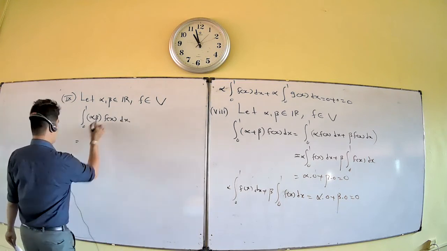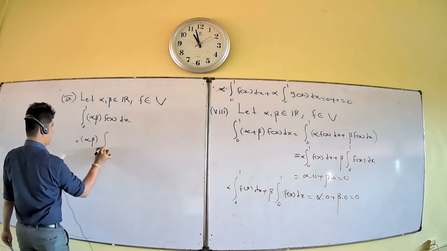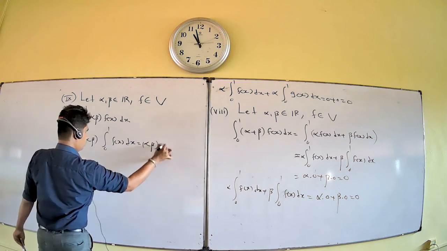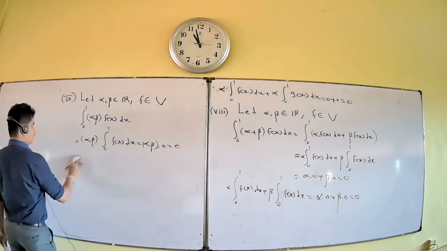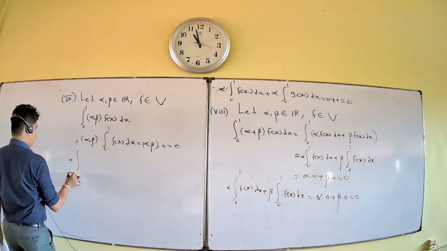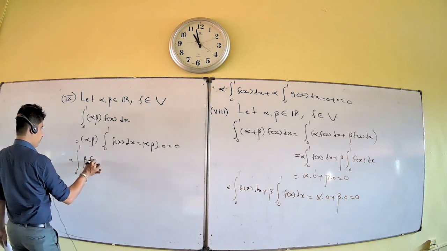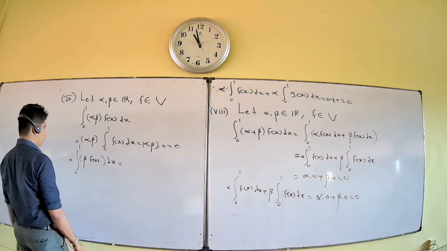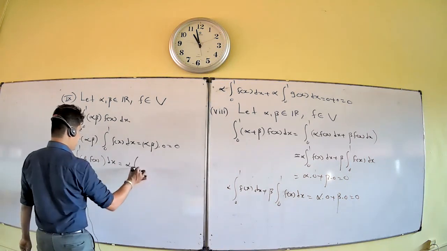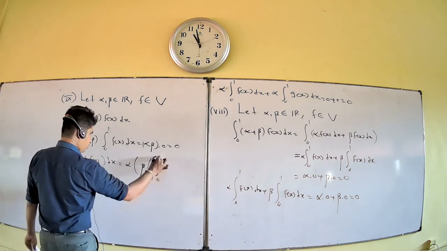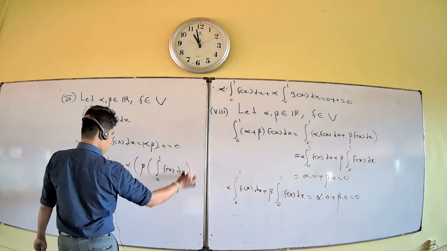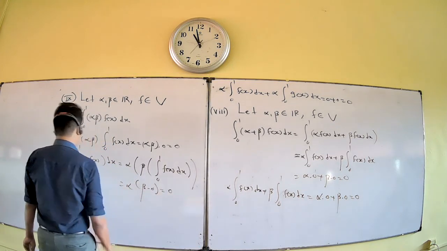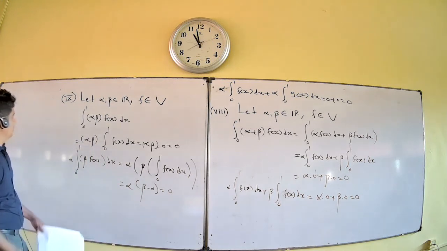We can write here scalar, no? Then you can take outside alpha beta times the integral from 0 to 1 of f(x) dx. This one obviously 0, no? There was 0. You are asked to show that this one equals this one: alpha times the integral from 0 to 1 of beta f(x) dx. You know, here beta also again scalar. Then this one we will write beta times the integral from 0 to 1 of f(x) dx. So alpha times beta times this one 0. Therefore this one equals this one.